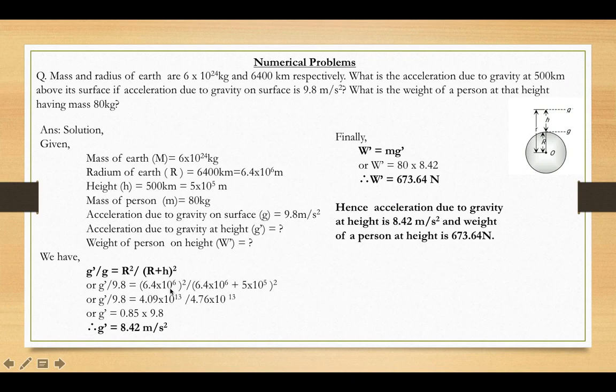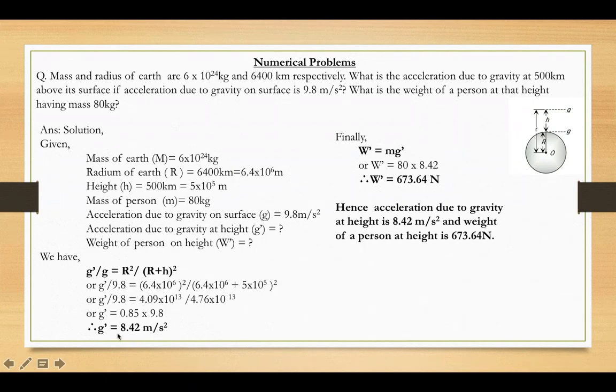If we do the calculation, you'll find 4.67 into 10 to the power 13. After doing the calculation, you'll get the result 8.42 meter per square second.